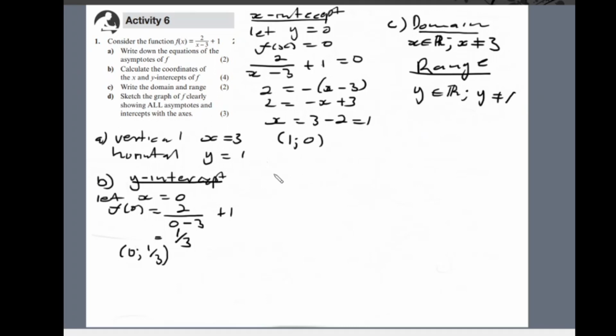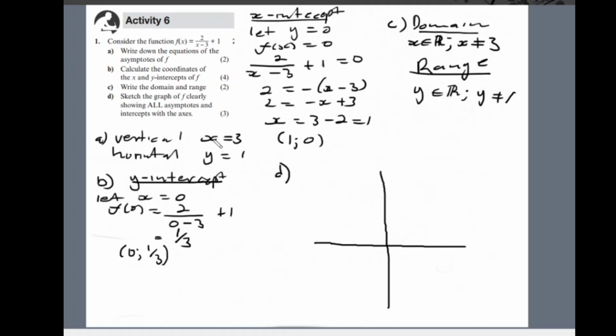And now they want us to sketch. So we have the critical points, we don't have to plot. Let me show you how we sketch, using the x-intercepts and the horizontal and vertical asymptotes, right? We start by drawing the asymptotes.